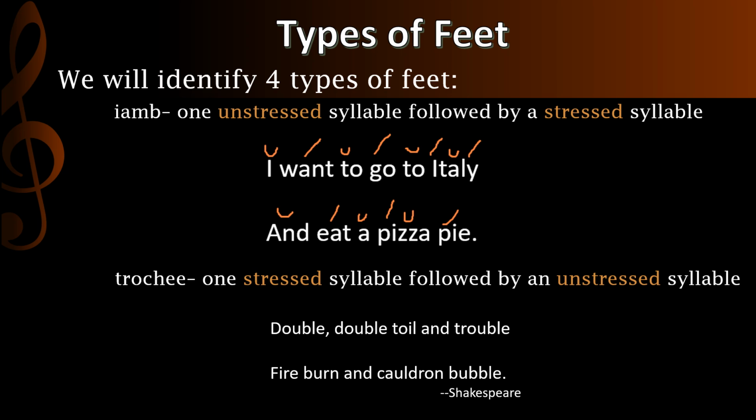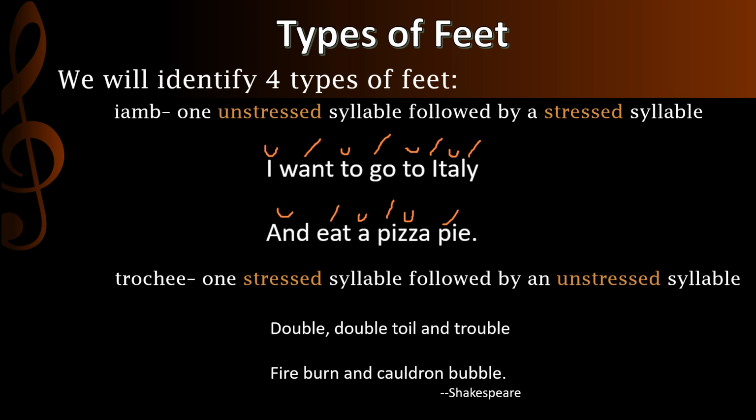So, I want to go to Italy. Notice how want there is stressed. Go is stressed. Italy, I think, is probably the easiest to see. When you say Italy, it and li are the stressed syllables, and the is not stressed.